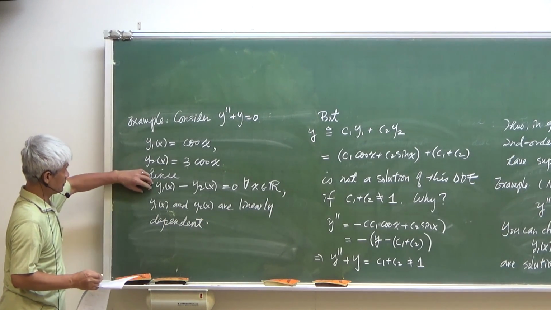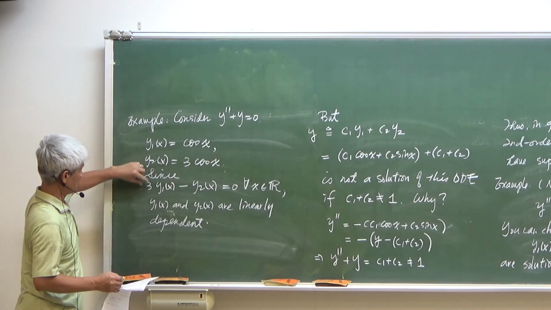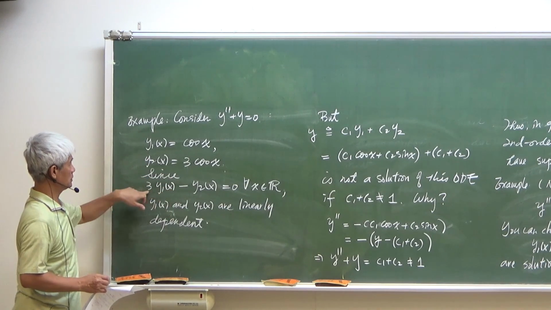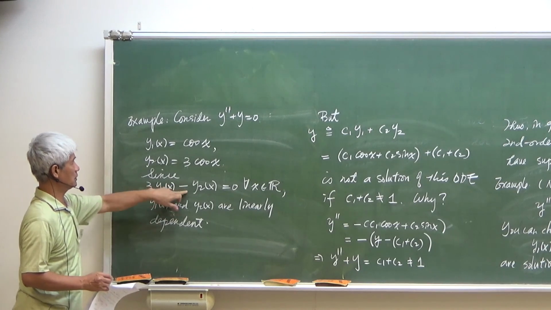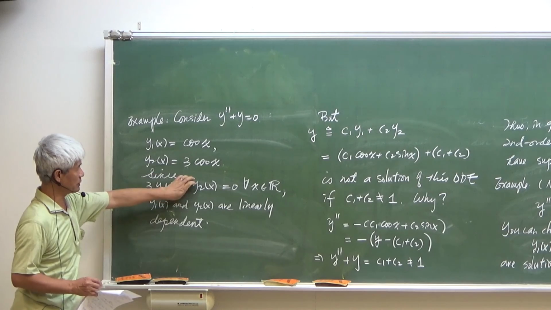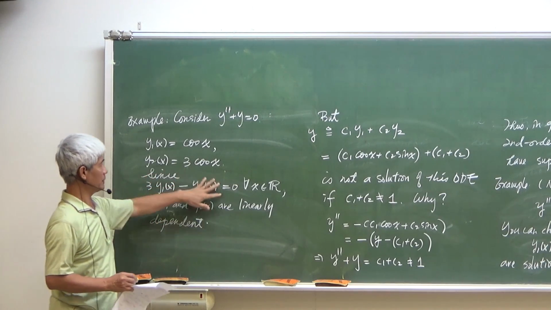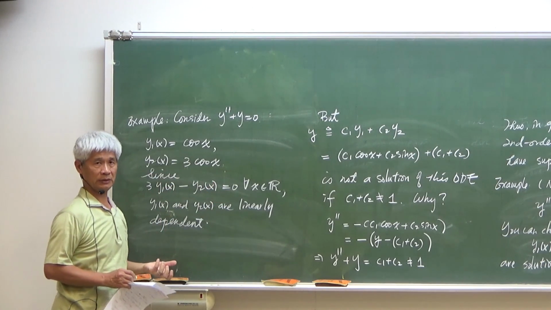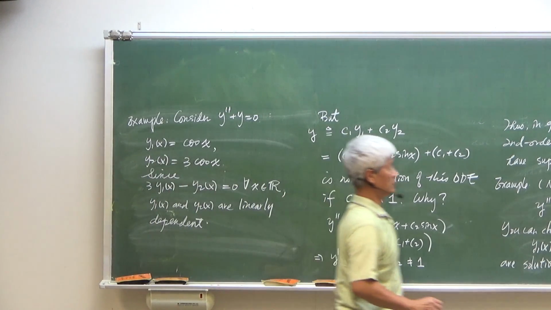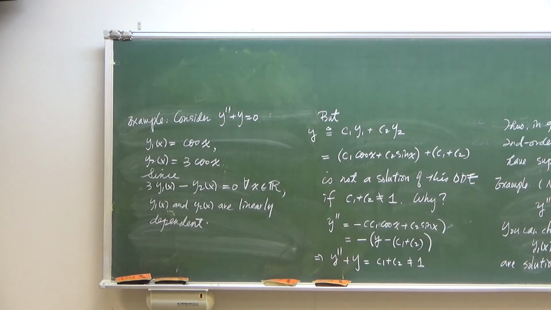Because we find coefficients which are not both zero, right? One is 3 and this is minus 1. And the linear combination becomes the zero function. Right. So it is linearly dependent.